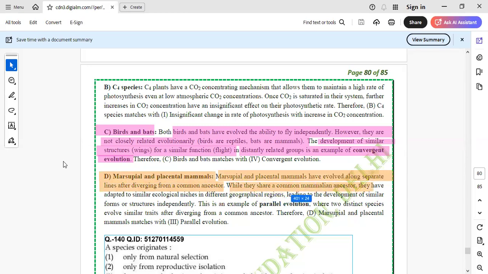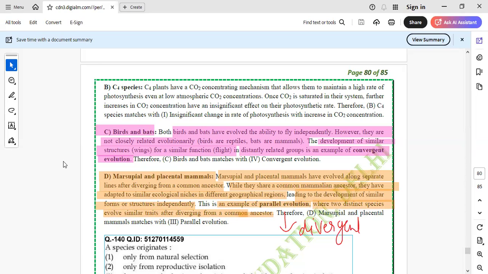While they share a common mammalian ancestor, they have adapted to similar ecological niches in different geographical regions, leading to the development of similar forms of structure independently, and they are an example of parallel evolution, when two distinct species evolve similar traits after diverging from a common ancestor. So this is also called parallel evolution या divergent evolution भी इसको कहते हैं हम, ठीक है. तो ये ध्यान रखिएगा क्योंकि ये नीट से पिक किया गया है, डाइवर्जेंट इवोल्यूशन इसको कहते हैं.